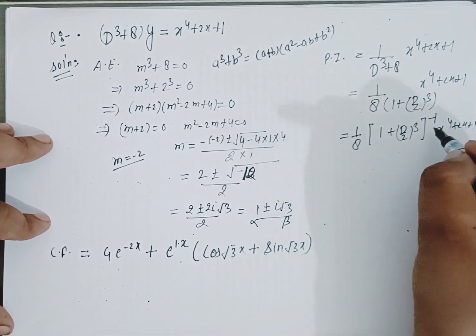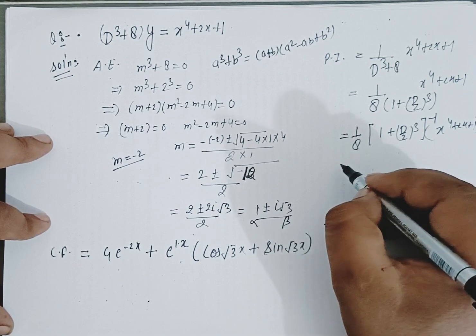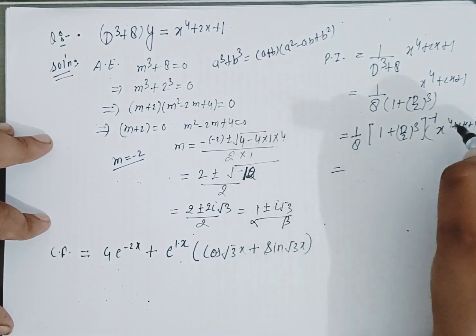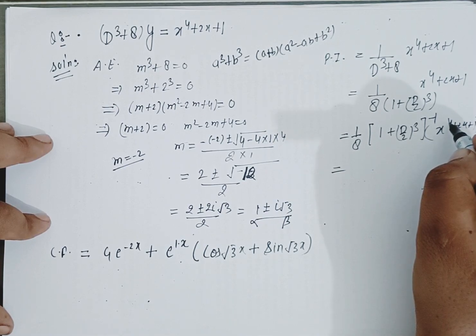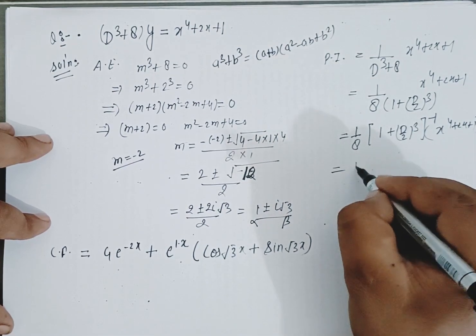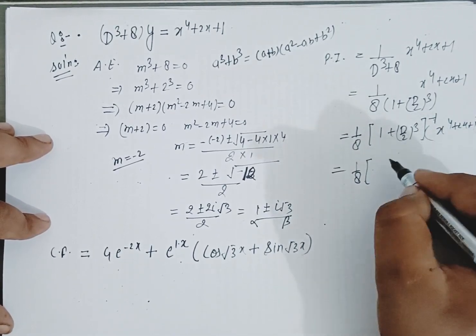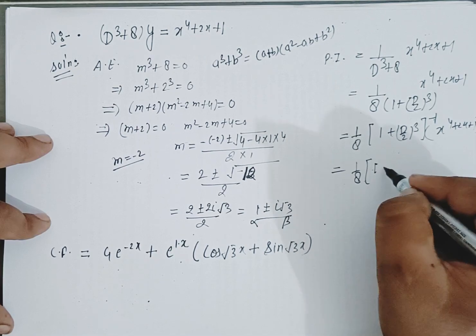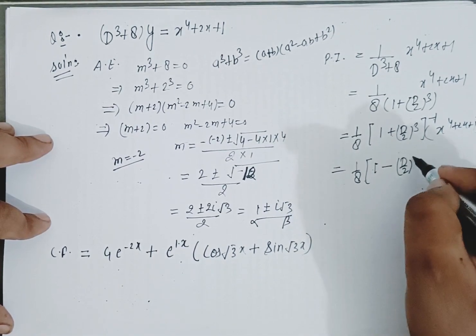Remember one thing, we will expand it, but not to a power greater than 4; we expand up to D to the power 4 or less. So 1 upon 8, with plus here and minus here, so the signs go alternately: 1 minus D by 2 to the power 3.